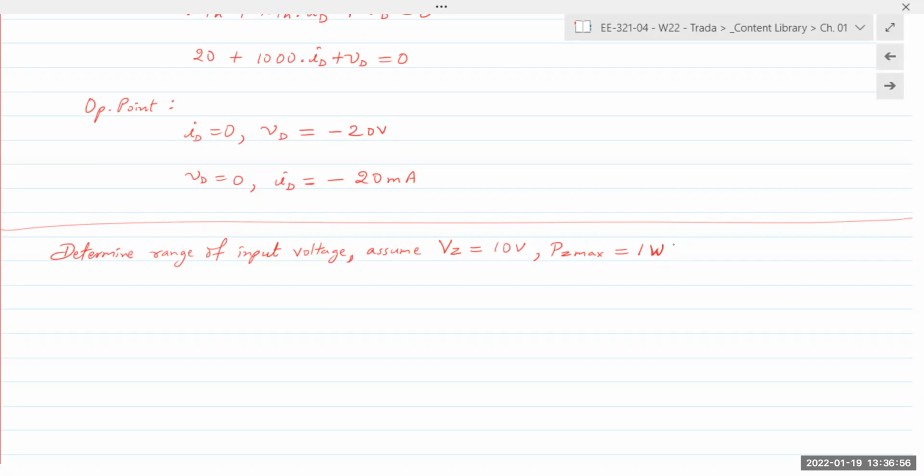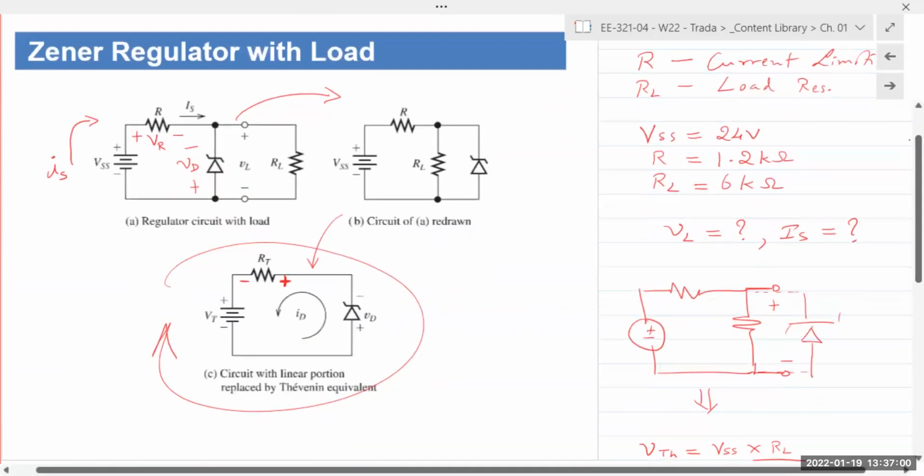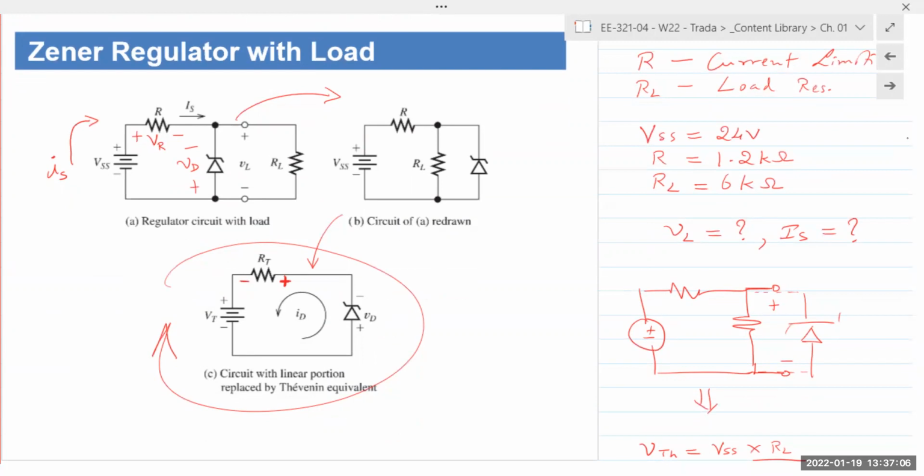Okay. So first, think about this. If we don't have a Zener in the circuit, what happens? If you increase VSS, the current through the circuit increases. If the current through the circuit increases, the voltage drops across both resistors also increase, right?